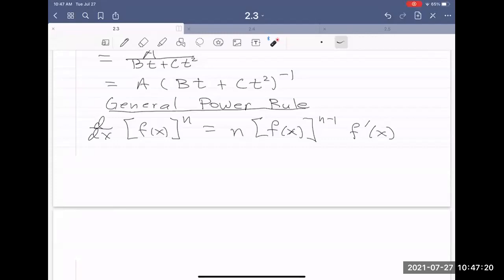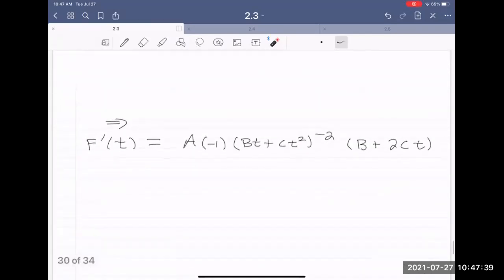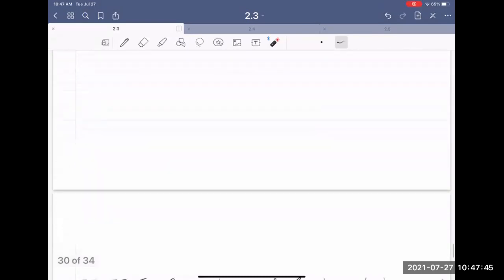But I think in this case, it's nicer to use the general power rule than the quotient rule. So I wanted to show that to you anyway. Okay, so any other questions about this? So I gave you something in the future to do this. Okay.